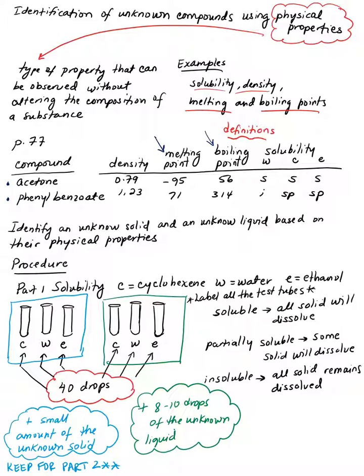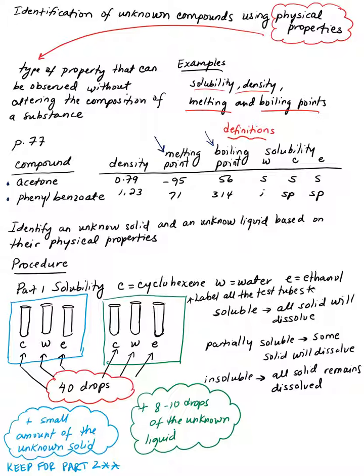For your liquid, this one you have to observe very closely. If your liquid is soluble, when you look at your test tube with your solvent and the unknown liquid in it, it will look completely clear, like you have a pure substance.